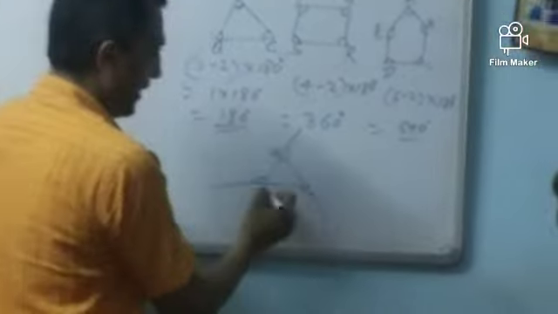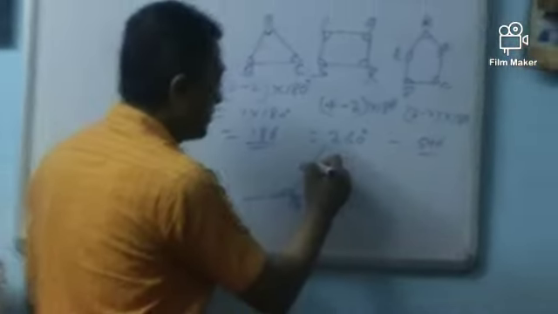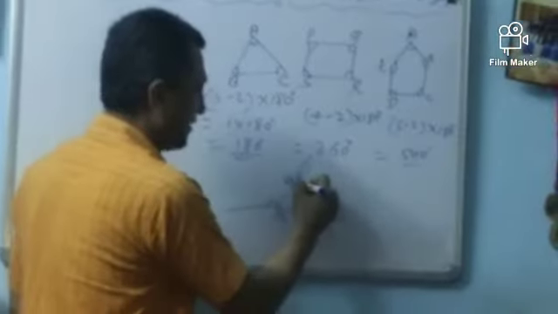Suppose A, B and C. The total of these exterior angles comes out very interestingly: it is 2 right angles, I mean 4. We know 1 right angle is 90 degrees, and multiplied by 4 it comes to 360 degrees.